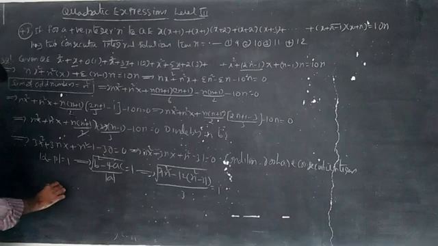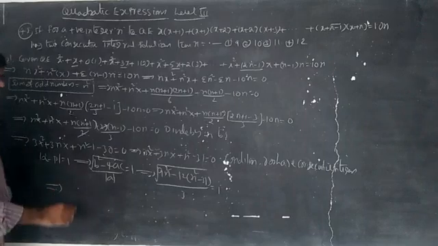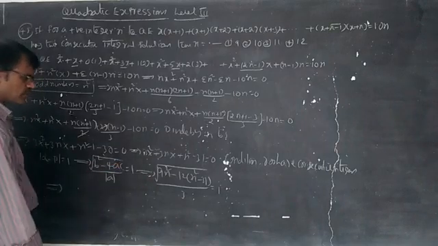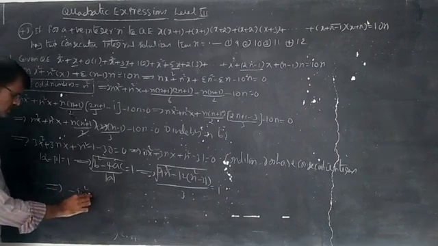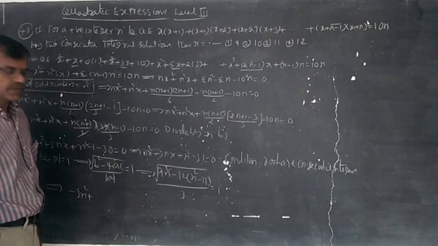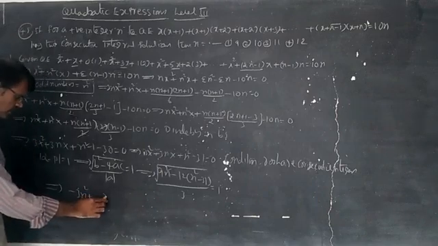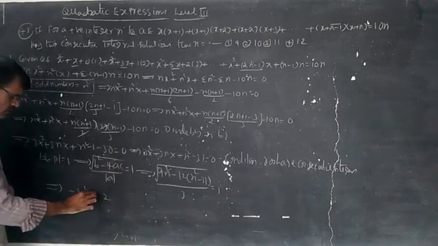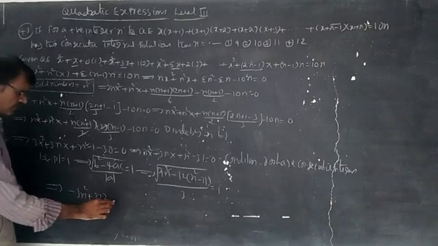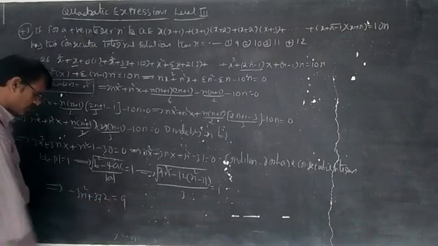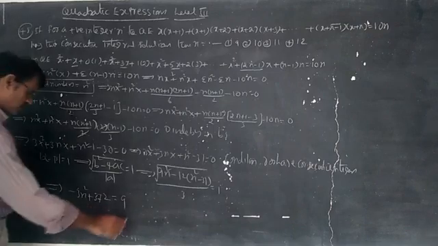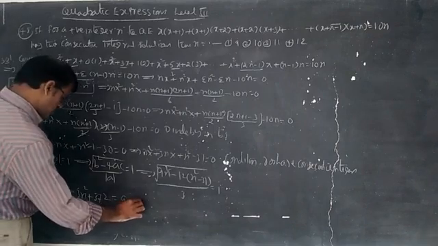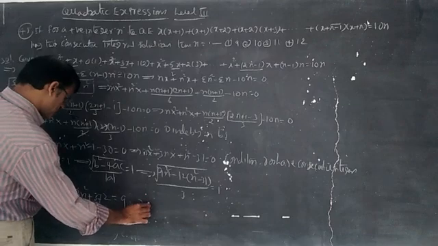So 9n square minus 12n square becomes minus 3n square, minus of minus plus 12 into 31. 12 ones are 12, 12 threes are 36, so 372. That is equal to 9n square, because by squaring both sides we can take. So 372 minus 9.